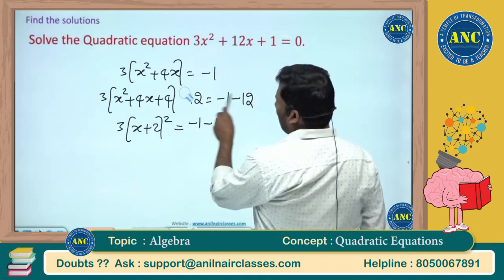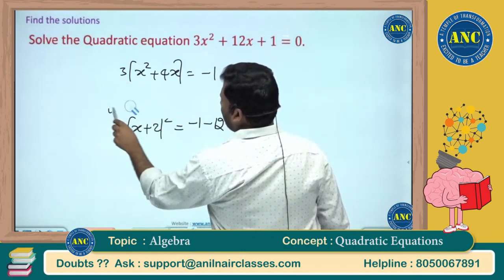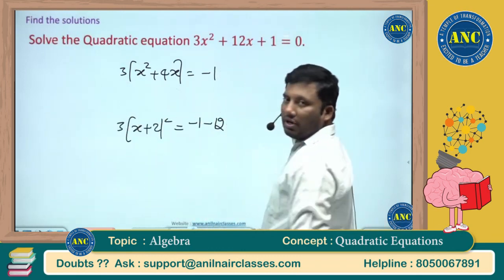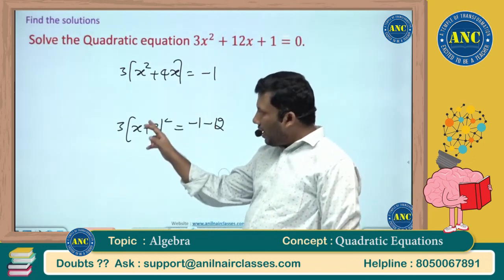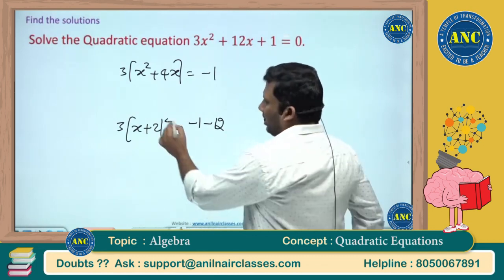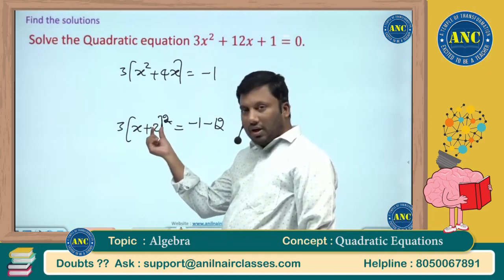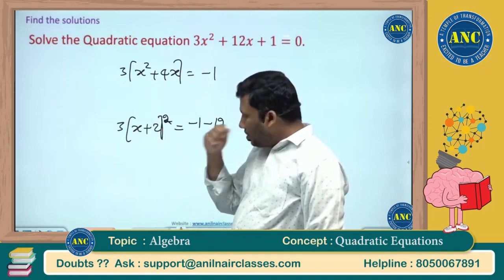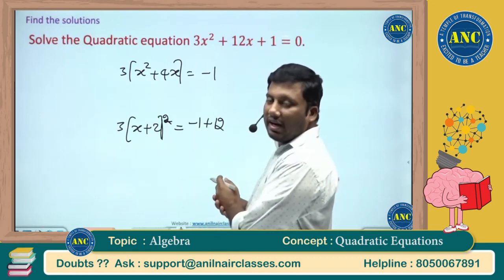Minus 1 minus 12. This step I will write like this. 3 into (x square plus 4x) equivalent to minus 1. So I added 4 and subtracted 4. I hope the concept is clear to you. In 3 into (x square plus 4x), 4 3s are 12, so 12 is added on the left hand side and 12 is added on the right hand side.